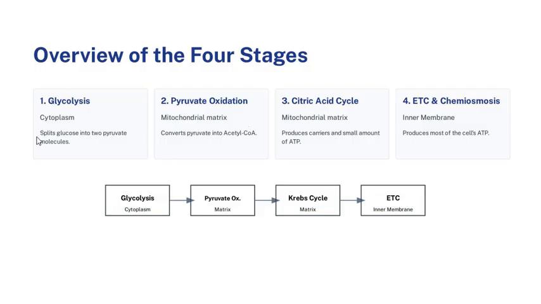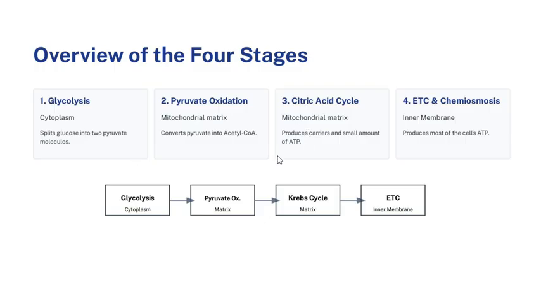Glycolysis happens in the cytoplasm, and very simply saying, it just splits the glucose into 2 pyruvic molecules, and then all those products move into pyruvic oxidation, and that happens in the mitochondrial matrix, and this converts the pyruvate into acetyl-CoA, and then that goes into the citric acid cycle that's also in the mitochondrial matrix, and that produces carriers of the things going to be used in the 4th stage and small amounts of ATP.